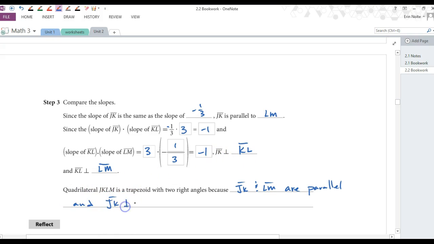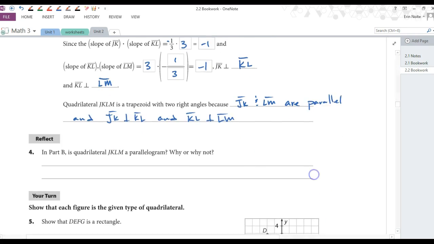JK is perpendicular to KL, and KL is perpendicular to LM. All right, so nice. We proved that particular example.